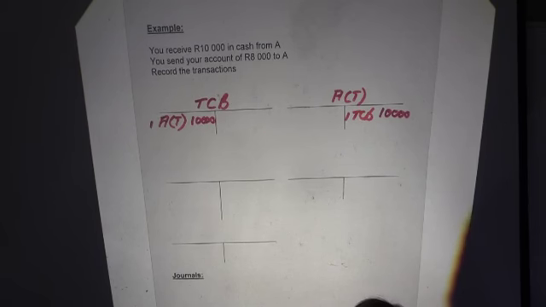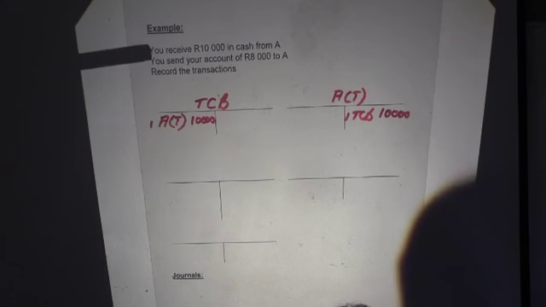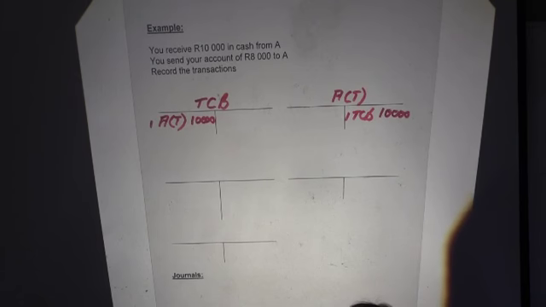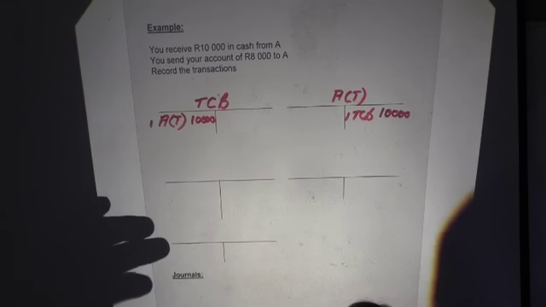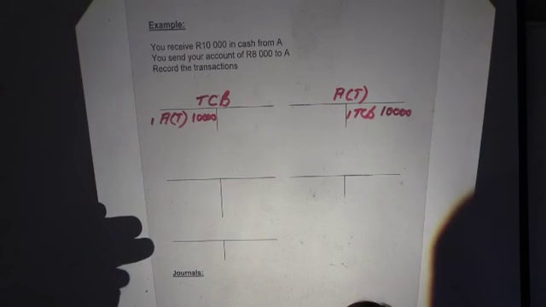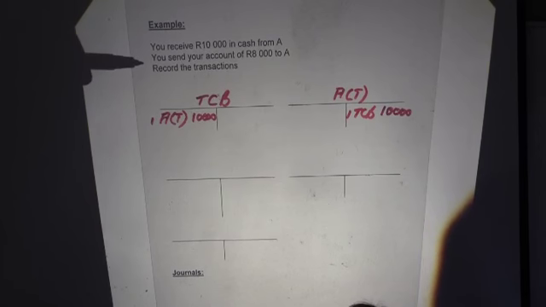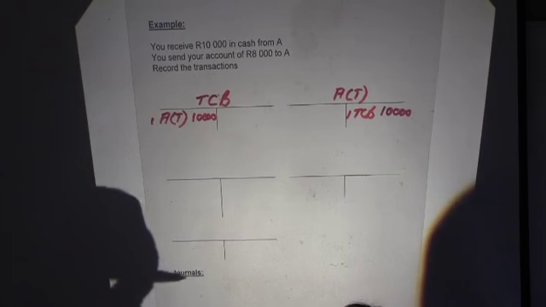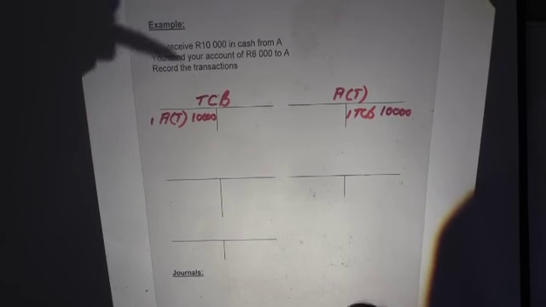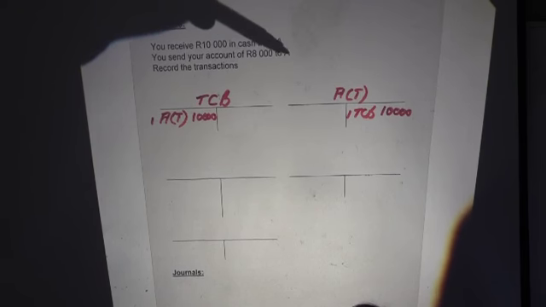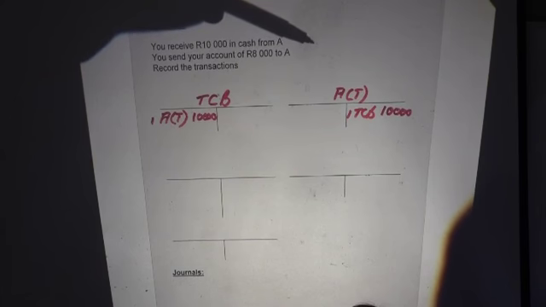Now, ladies and gentlemen, you send an account of 8,000 rand to A. That is not a cash transaction, and as we've seen in the previous module, we will open a journal entry for non-cash transactions. So by way of a journal entry, we will debit A because A actually owes me that money, and that 8,000 rand is my professional fees.